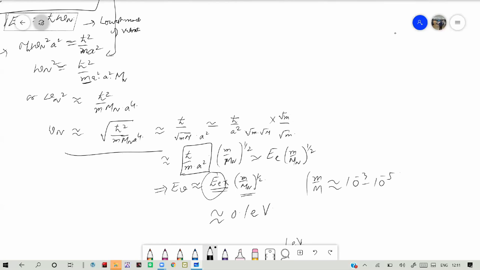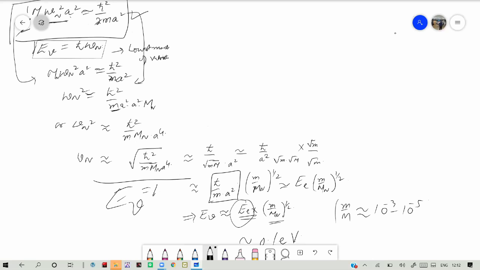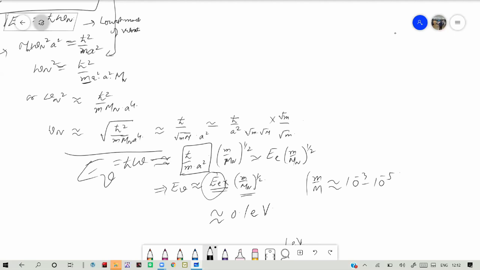Then ER, this EV, the vibrational energy, is h cut omega. So that is equal to h cut into omega, which is this much, and there is another h cut. So this is how it becomes h cut square here. There is this h cut multiplied to omega n, so then it becomes h cut square.